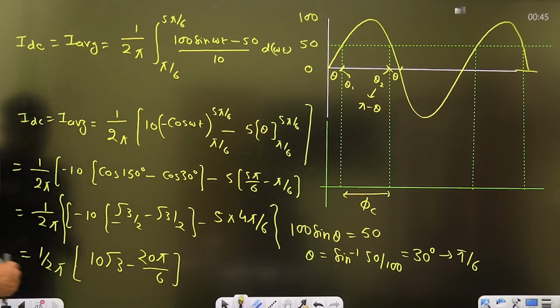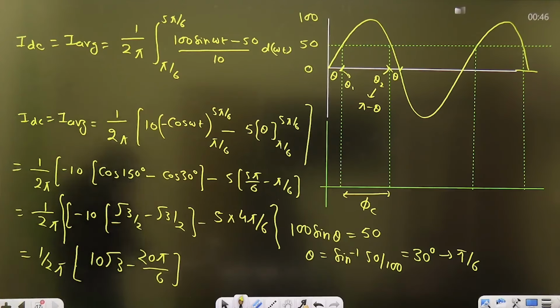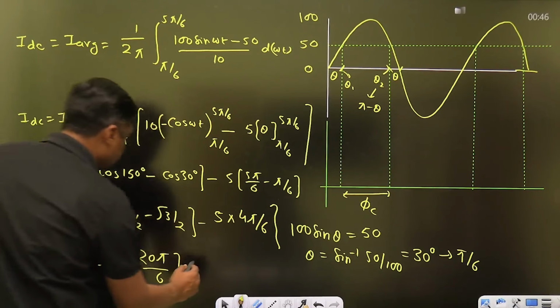Now you can use the calculator. 20 into pi divided by 6. You will get 1.086, guys.